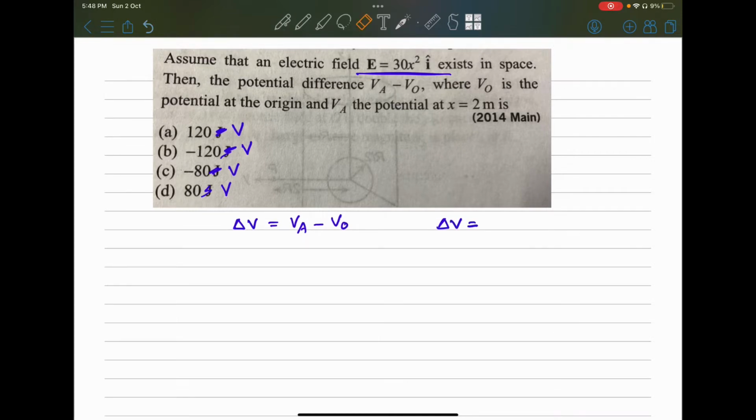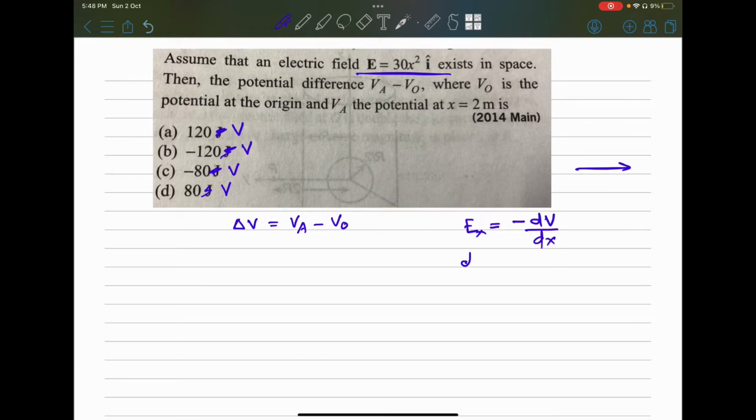If you want to find dV, the formula goes like this: E in the x direction is nothing but minus dV by dx. Actually we are not writing the y and z components, and also we are not using the partial differentiation that appears in this formula, because the electric field is only given in the x direction and there are no y and z components, so we are not writing them.